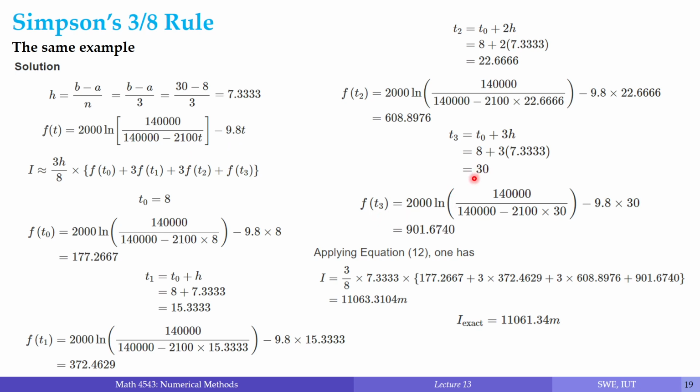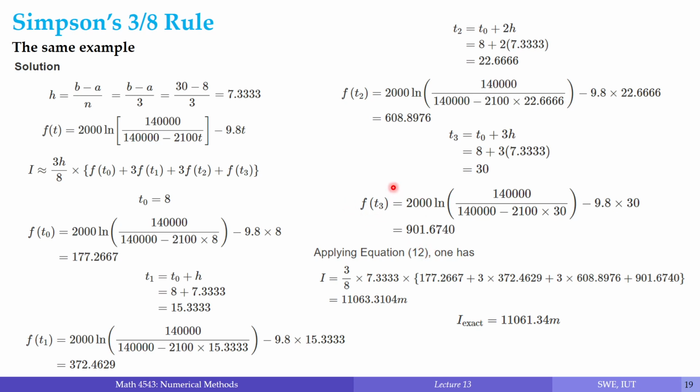Now that we have our t0, t1, t2 and t3 values, we can proceed to use our calculator and find out the f of t values. For f of t0 we have 177 point something, for f of t1 we have 372 point something, for f of t2 we have 608 point something, and for f of t3 we have 901 point something.